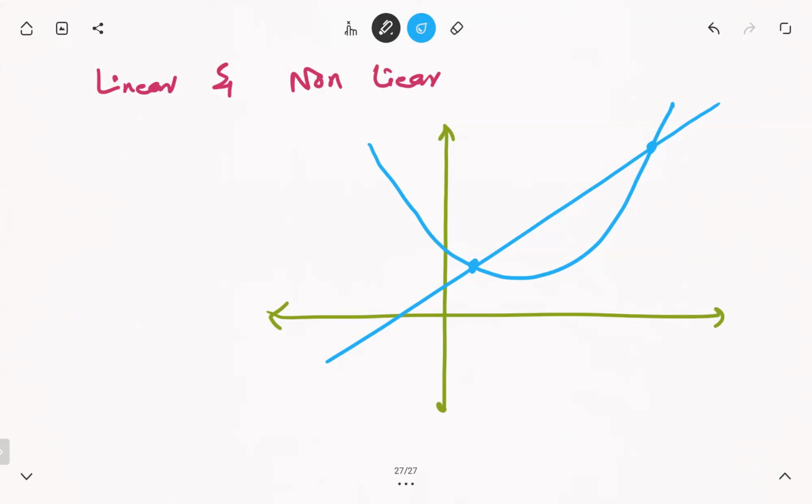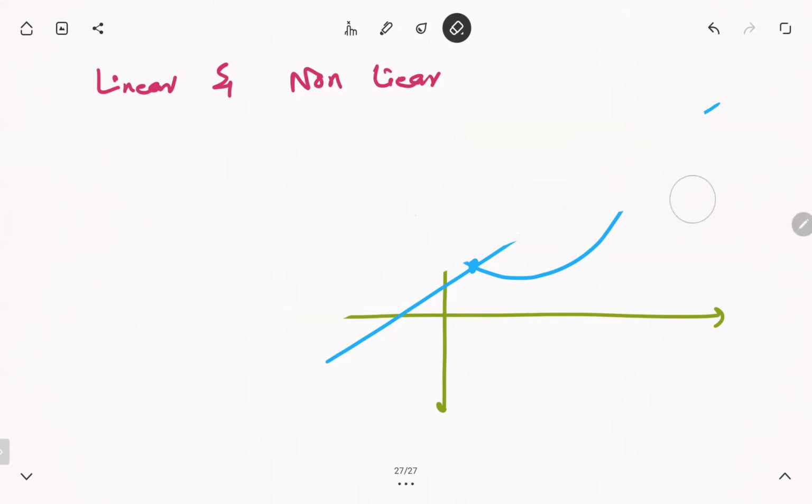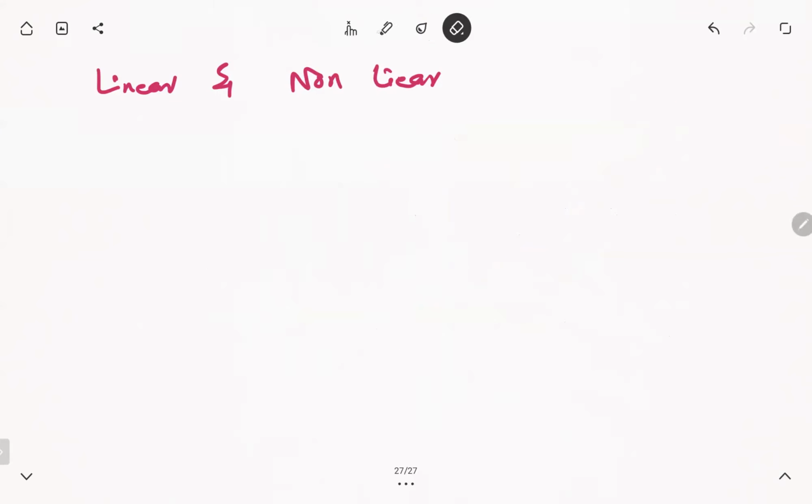That's quite easy. Let's see how to solve a linear and non-linear equation simultaneously. I'll do one example here, then you can do the rest. Say the question is y plus 4x plus 1 is equal to 0. You know, this is a linear equation.